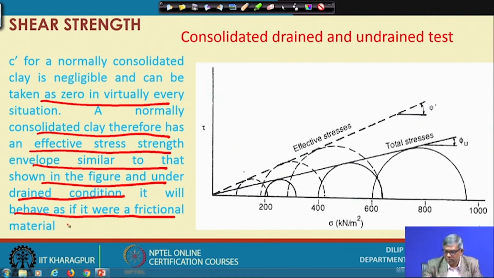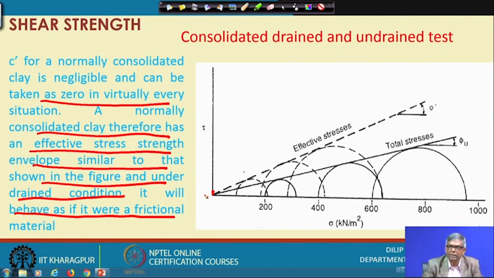So whether consolidated drained or undrained, in both cases your failure envelope will be passing through the origin. We always have to consider that if a problem mentions the drained condition, then automatically one point is indicated: your failure envelope is passing through the origin, and then the relevant calculation can be done.